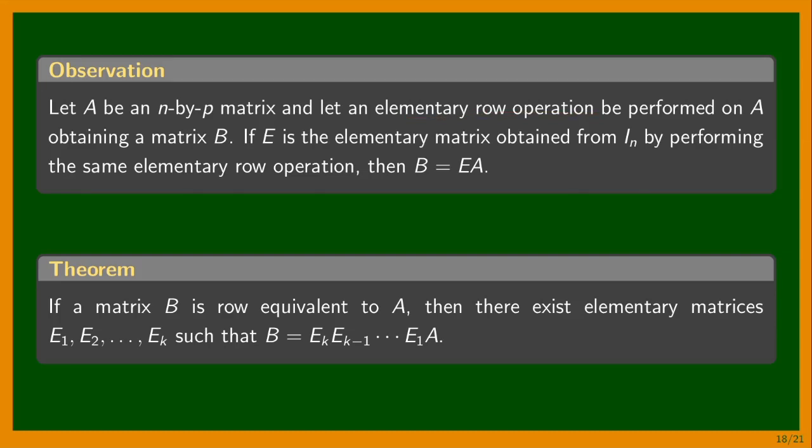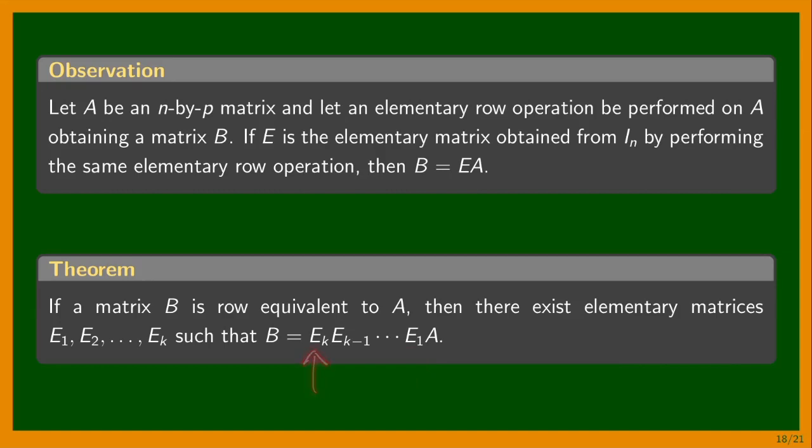Therefore, if a matrix B is row equivalent to A, again, what do you mean by being row equivalent? B was obtained from A by simply doing a number of elementary row operations from A to obtain B. Then each row operation corresponds to multiplying an elementary matrix on the left, right? For example, E1 represents the first elementary row operation that you performed.